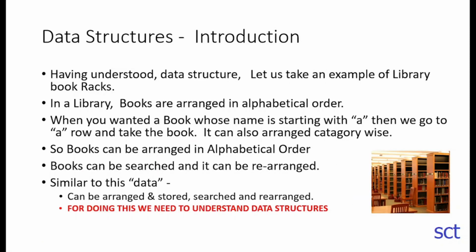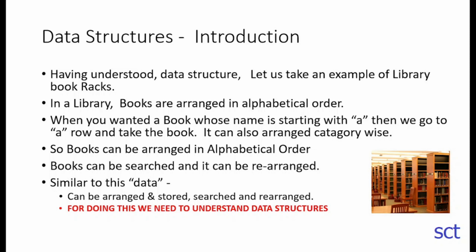Having understood what a data structure is by the definition, let us take an example of library book racks. In a library, books are arranged in alphabetical order. Whenever you want to search for a name starting with A, you go to the A row and take the book.